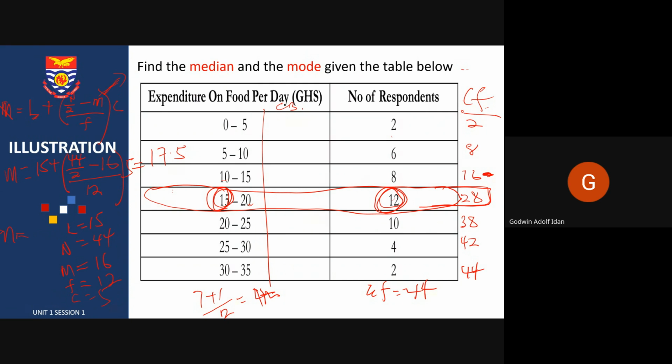So we want to identify which of the classes is in the middle. Already we've done the arrangement, so the classes are starting from the lower class to the higher class. Because we need to get that class which lies in the middle, that is why we went for the median position.